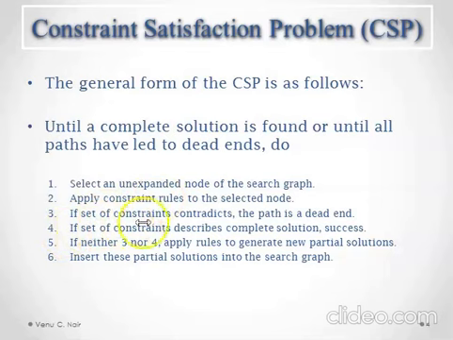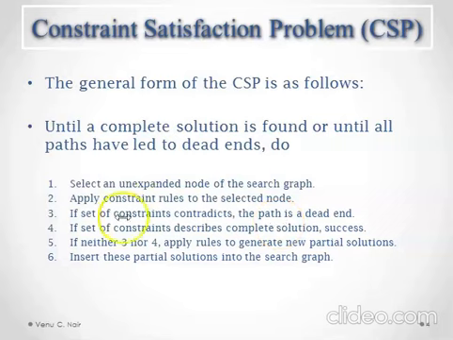Now, if the set of constraints contradicts, if the rules are not followed for those operations, then we consider the path as a dead end, because we cannot proceed further in that path.